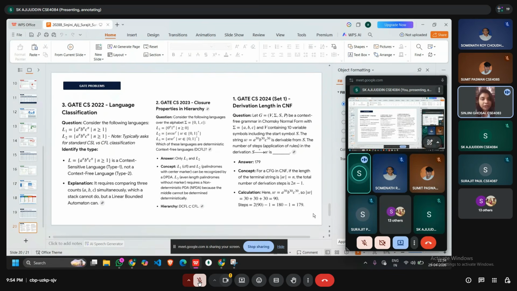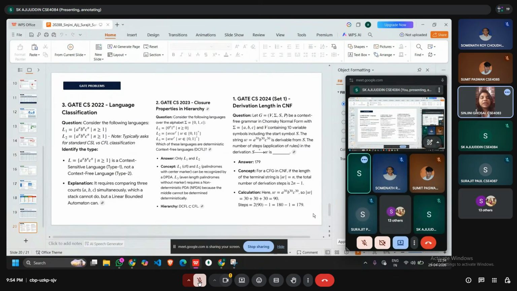If there is one counting dependency like a to the power n, b to the power n, it is context free, type 2. And if there are multiple dependencies like a to the power n, b to the power n, c to the power n, it is context sensitive, type 1. So the trick is more dependency means higher type.